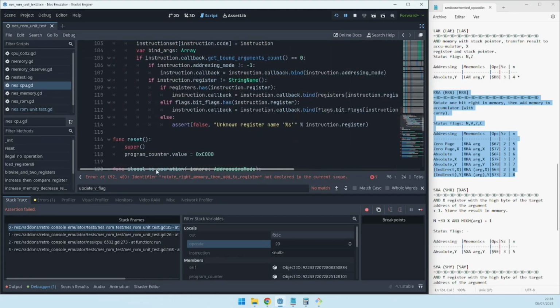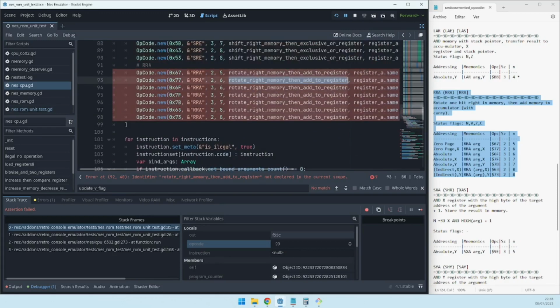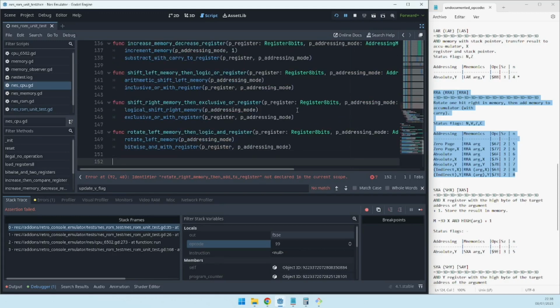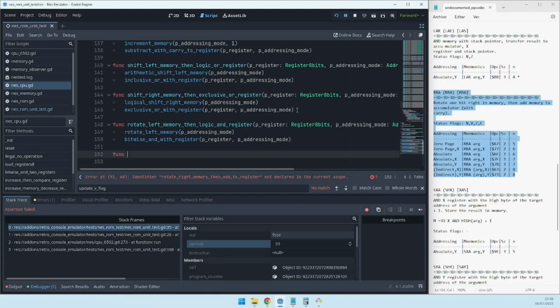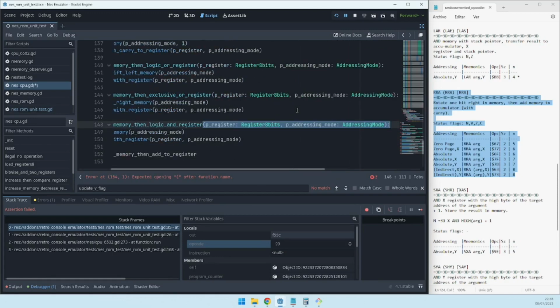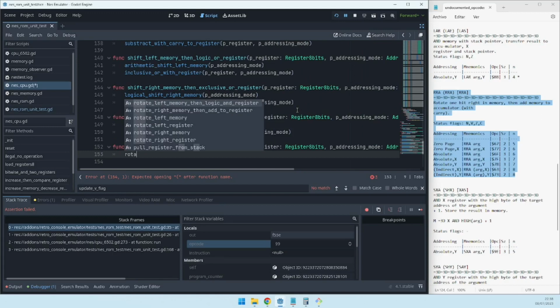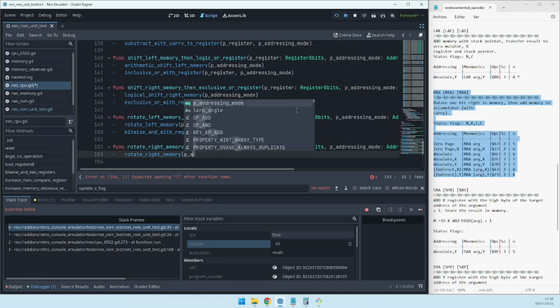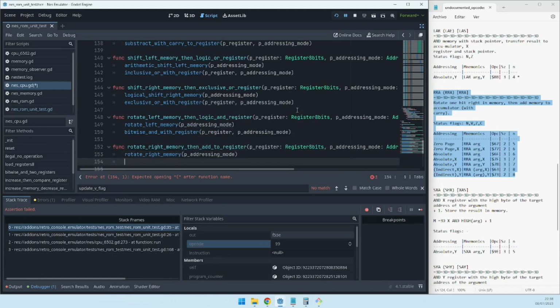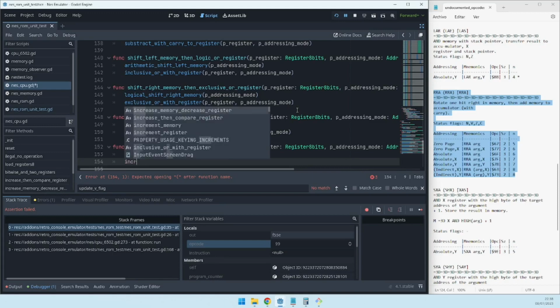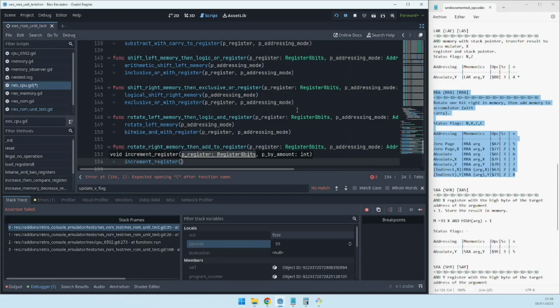And what is next? Now this is called rotate right and add. So function rotate right and add is the same two arguments, and let's call rotate right memory, and then add to register, or increment register. No, it's not right.